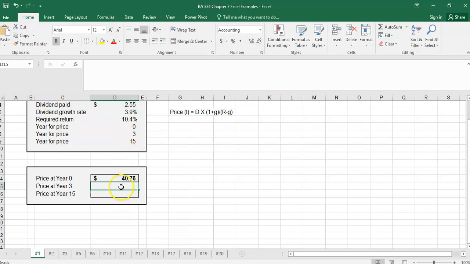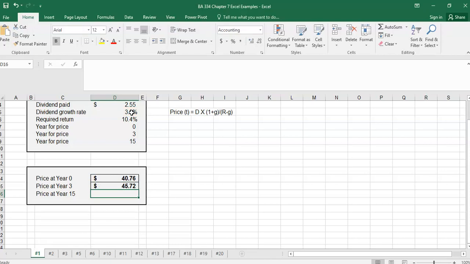So what we have here then at year 3, we have the price from year 1 times 1 plus the growth rate to the power of 3 years.